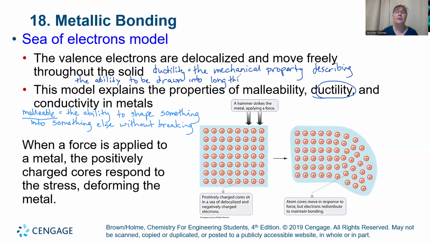I should have put this on the slide. Long, thin. Right? And that's ductility. And then conductivity, we already understand that, since we've probably already done a lab on the concept of conductivity and the ability to conduct electricity.